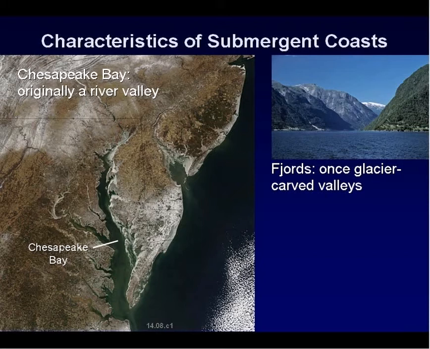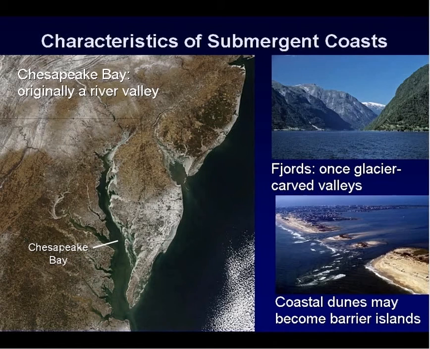So these are valleys carved by glaciers which are then flooded. Okay, so they then become fjords. And finally we've got another nice example of barrier islands which are dissected.